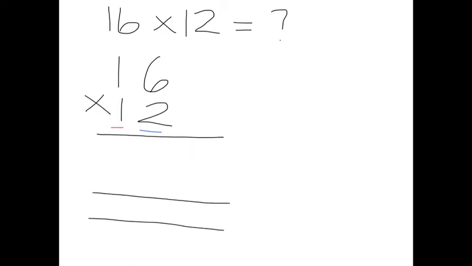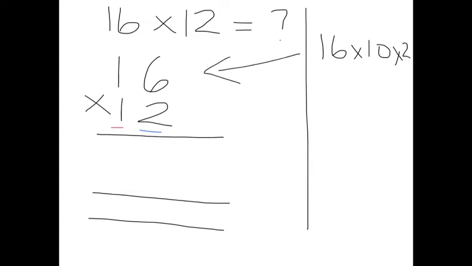So watch carefully. When I have my 16 times 12, I need to remember that I am actually going 16 times 10 plus 2. So to do it this way, I need to have a look at how I'm going to set it out.